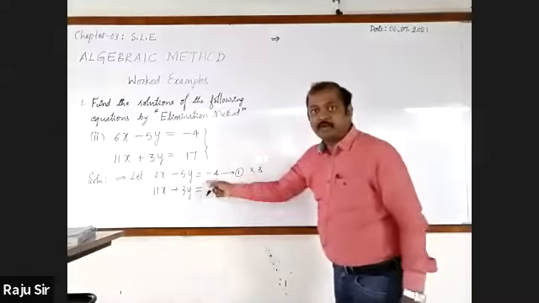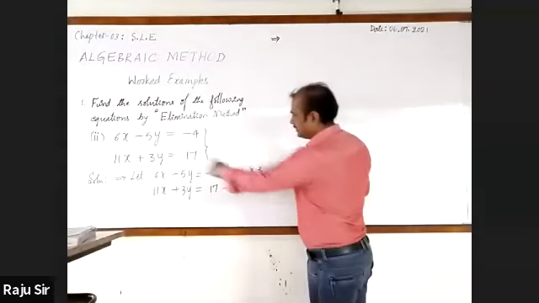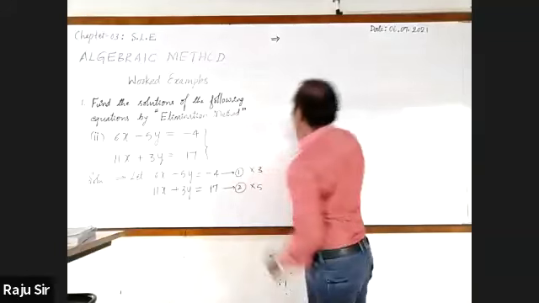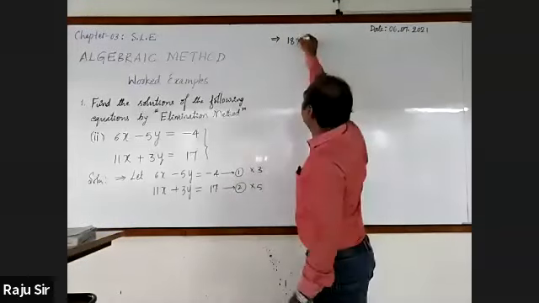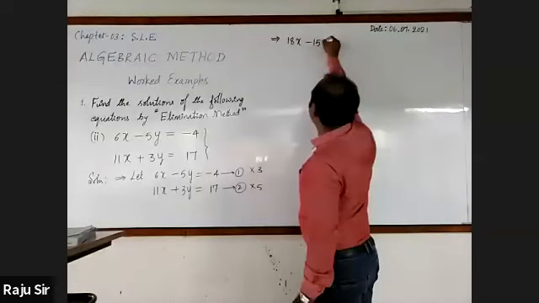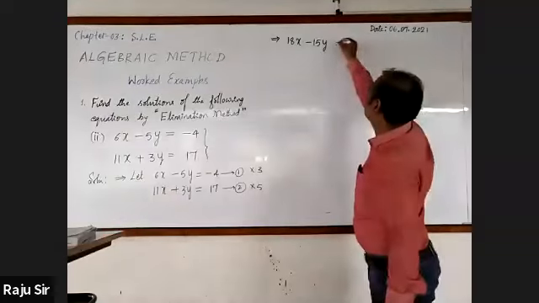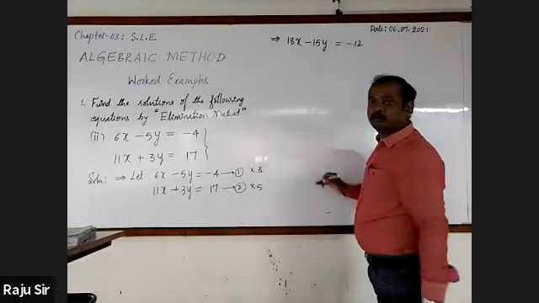Now, let us rewrite the equations by multiplying the respective numbers. 3 6s are 18x. 3 5s are 15, this is -15y. Then 3 into -4, this is -12.